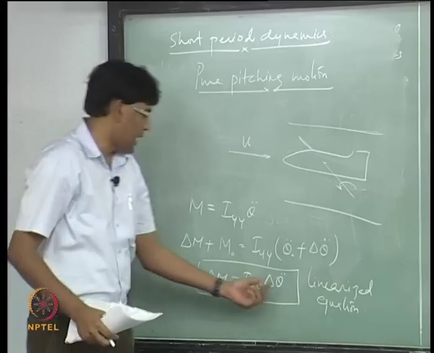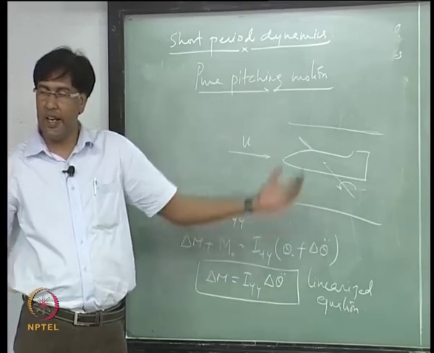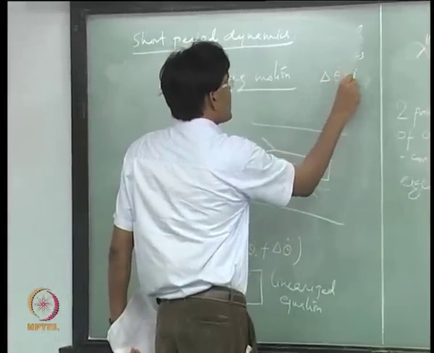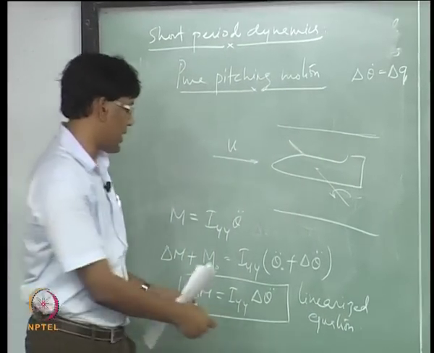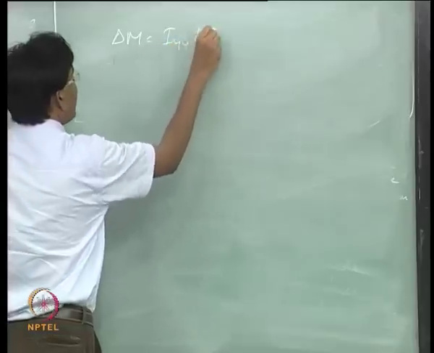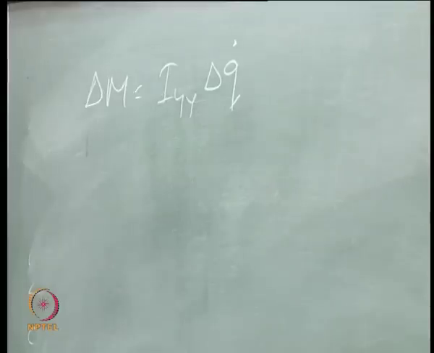We have already shown that from a level flying condition, when we linearize the equation of motion, what we get is this. This we have shown earlier. And this delta m is going to be a function of alpha dot. Anything else?